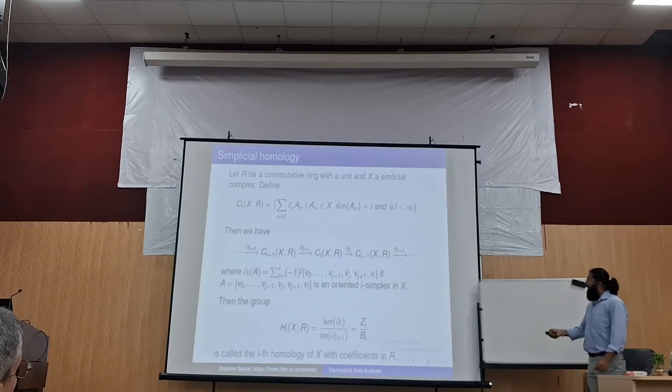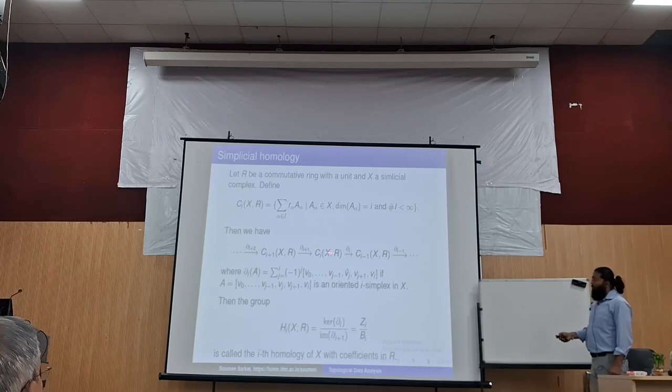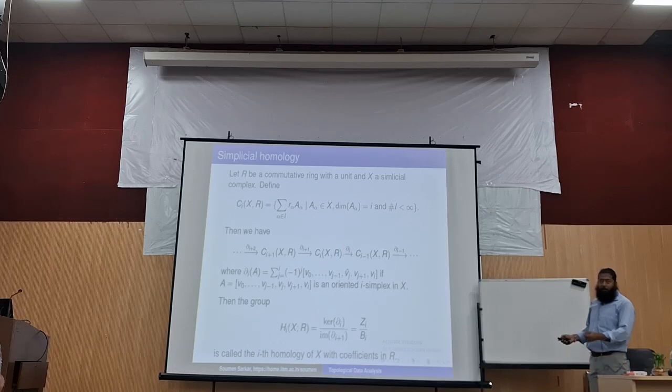So if I answer your question, this is a module homomorphism, a module structure over R, and this is a module structure over R. As a module homomorphism, I will take 2 minutes on this because it's not that familiar to us. If the composition of two homomorphisms is 0, then what happens?